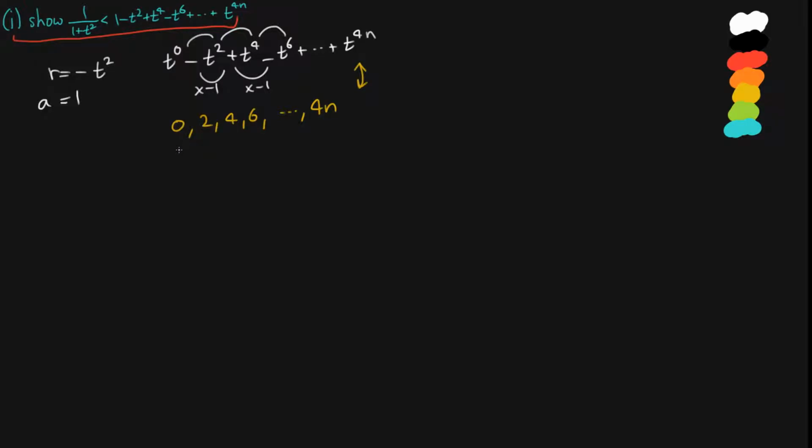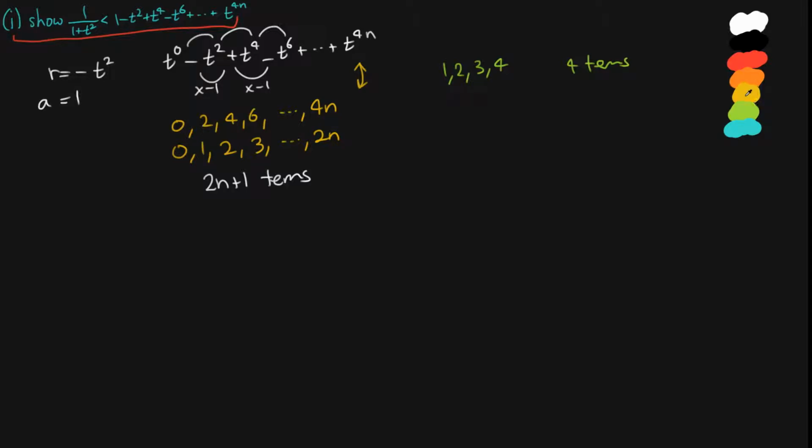And if we were to divide each term in this series by 2, we would still have the same number of terms because there's that one-to-one mapping going on. And now it might be easier to see that there are 2n plus 1 terms. But if that's not easy to see, then consider this as an example. If we have the series 1, 2, 3, 4, well, this has 4 terms.